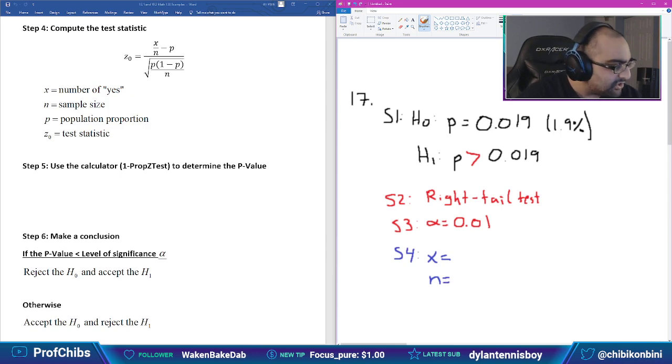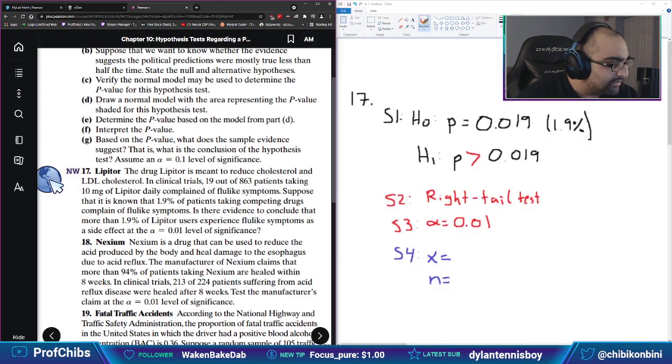All right, so let's go back to our question for just a moment. What is X and what is N? What is X equal to, and what is N equal to in our given problem? From our survey, what is X equal to and what is N equal to?